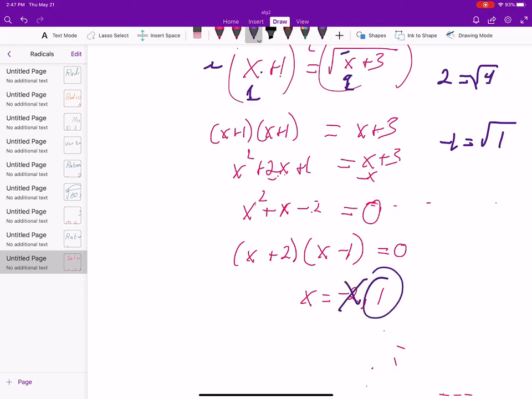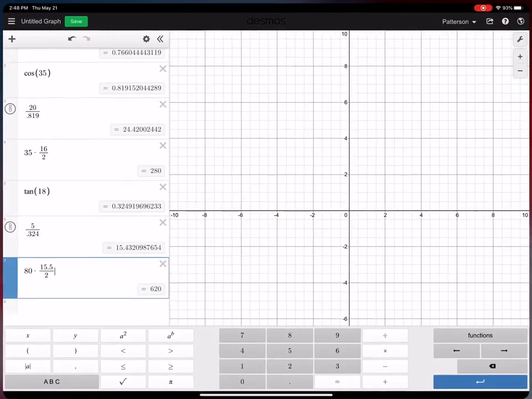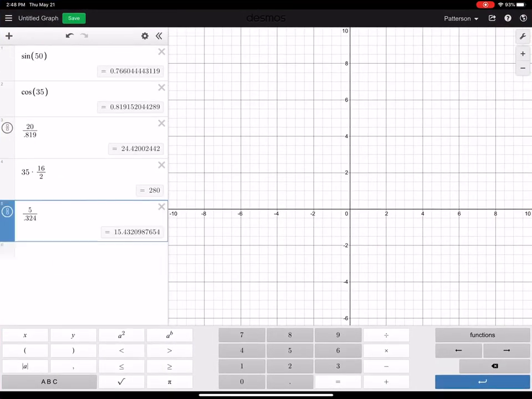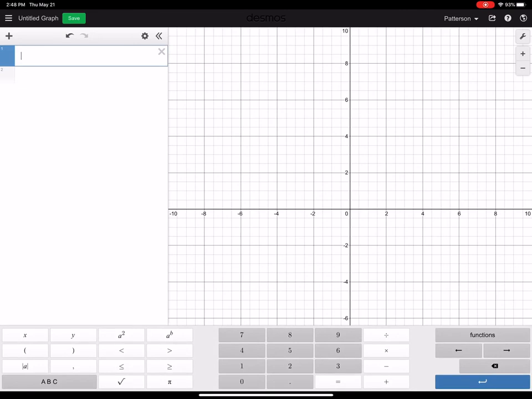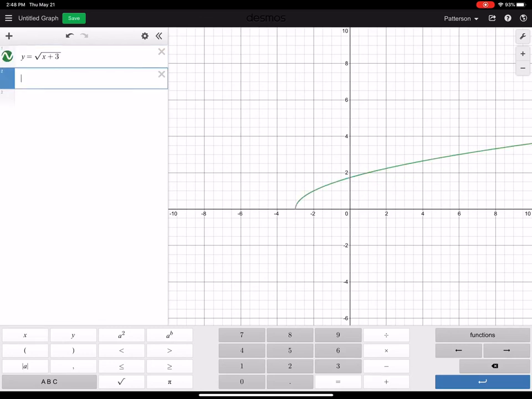So you might get some no solutions, and don't be afraid to graph them in Desmos to get the answer. If you wanted to graph them, let me get rid of this junk. Here you can go y equals the square root of x plus 3, and y equals x plus 1.